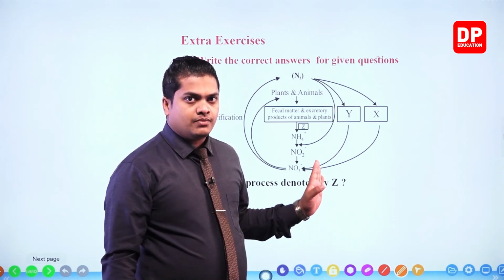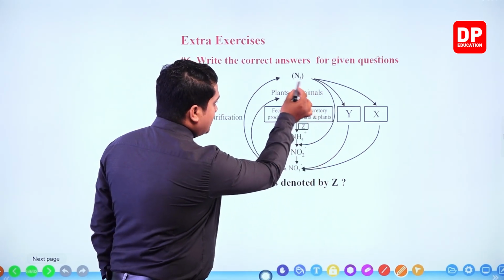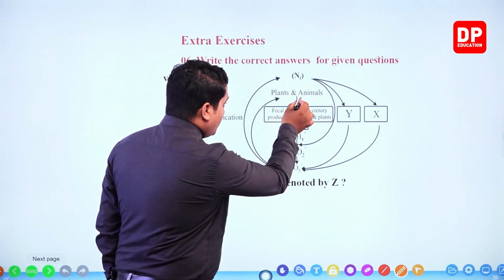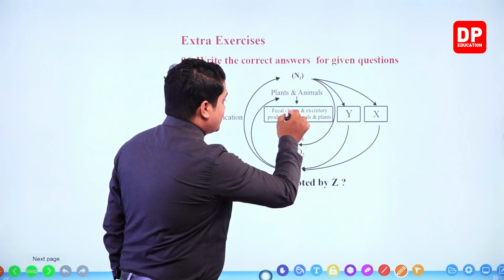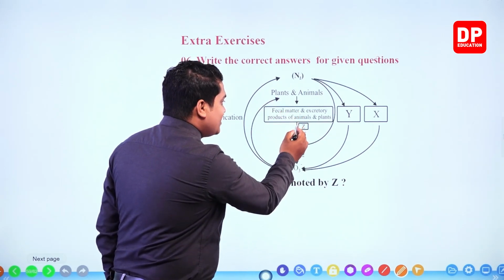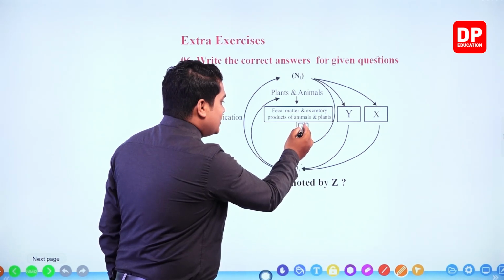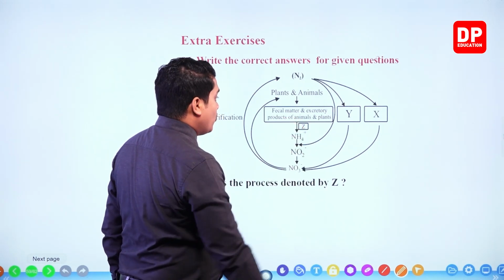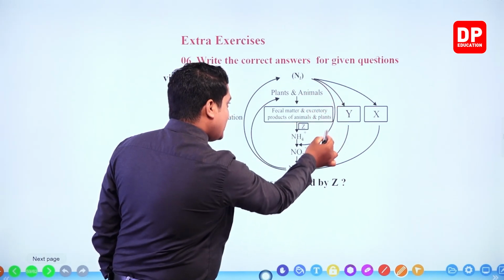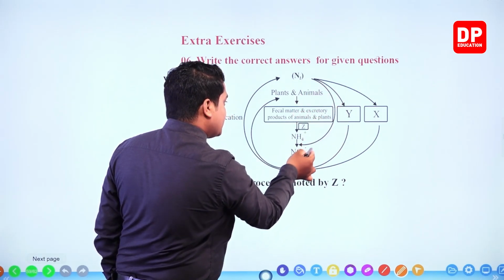But however, look at the picture. See, plants and animals. This is nitrogen. Plants and animals, then their fecal materials and excreted products from the animals and plants. So Z is mentioned over here. That means, my dear children, in here you can observe the biological fixation.